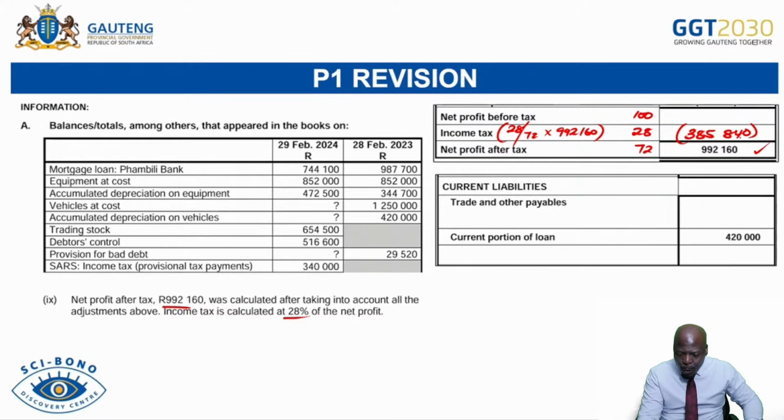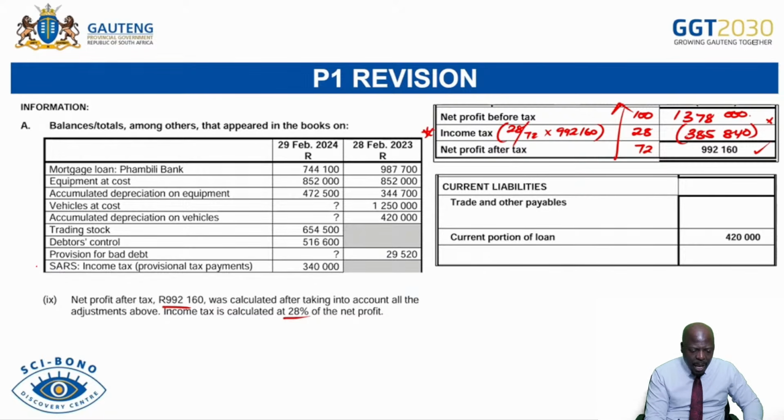That becomes your income tax. Then you can get your net profit before tax by calculating going up and changing the sign. So here you end up with 1,378,000.